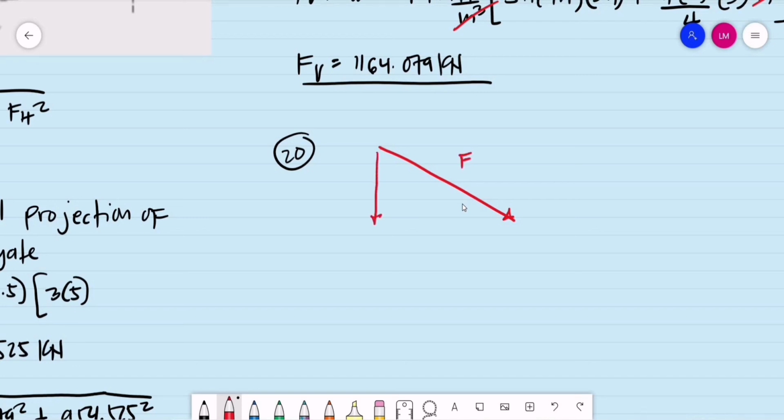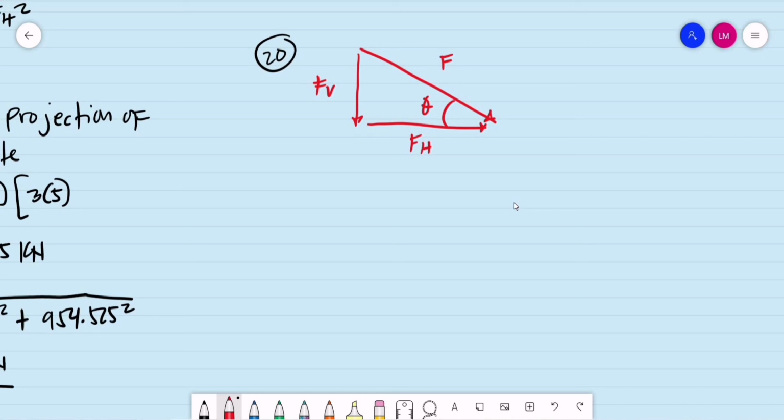So ito yung kanyang vertical component, downward, F sub V, horizontal component to the right, F sub H. Hinahanap lang natin yung angle theta. So dito we can use the tangent function, para gamitin natin yung mga components. Okay, the tangent of theta is opposite. Ito yung vertical component divided by the horizontal component. Yun yung adjacent side.